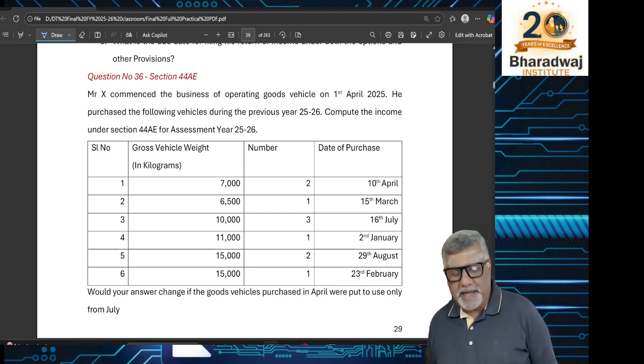Part B: it is from the date of purchase of asset, not from the date of putting the asset into use. Do this, please.